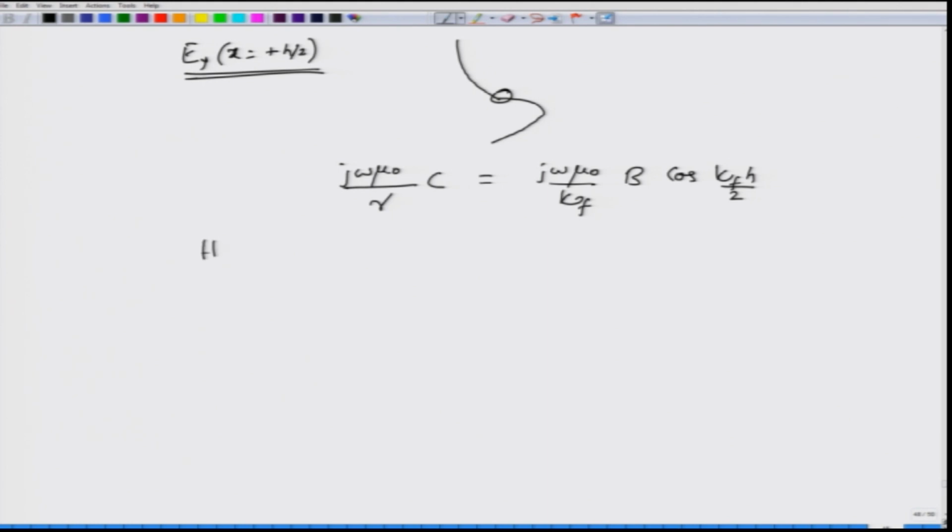Of course, I do have a component Hz, which is the tangential component for the magnetic field, because there are no surface current layers that we have assumed. This component would also be continuous.